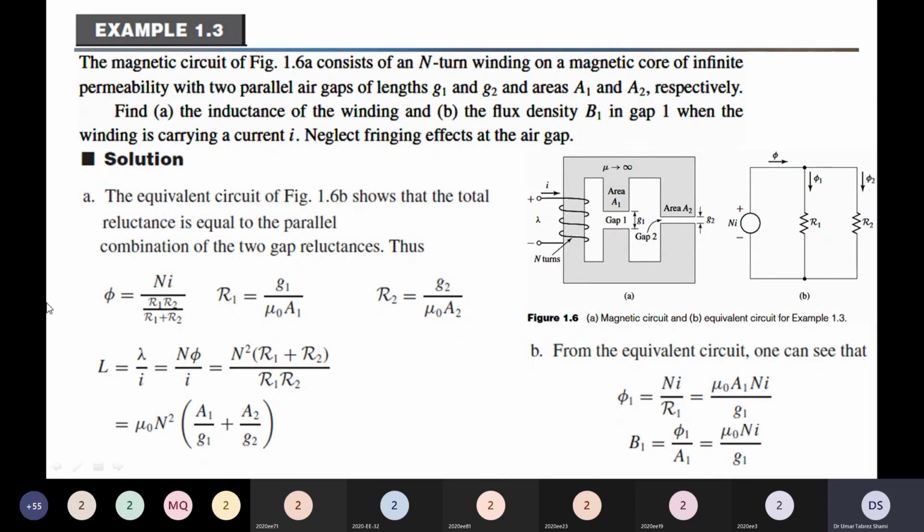N phi is N into the flux, which will be found over here.